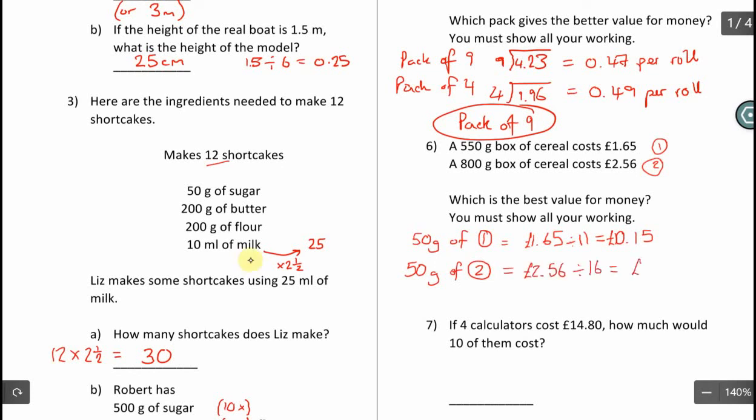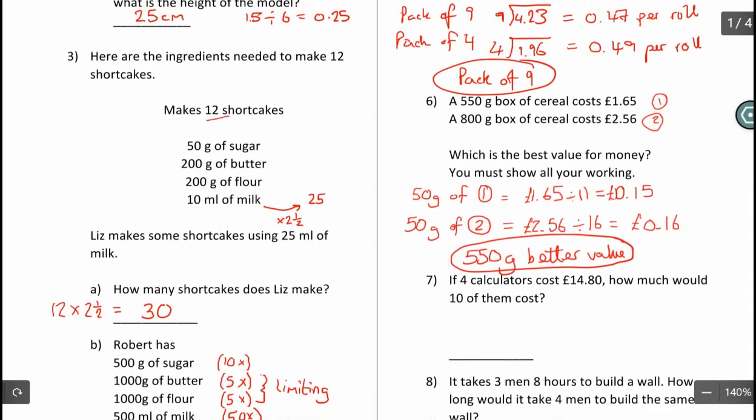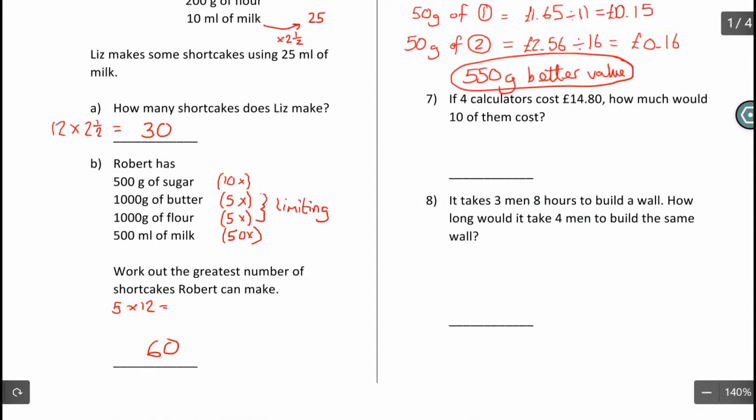And that gives 16 pence. So 550 gram one is better value. Okay, just make sure your working is shown and it's really clear which your answer is.